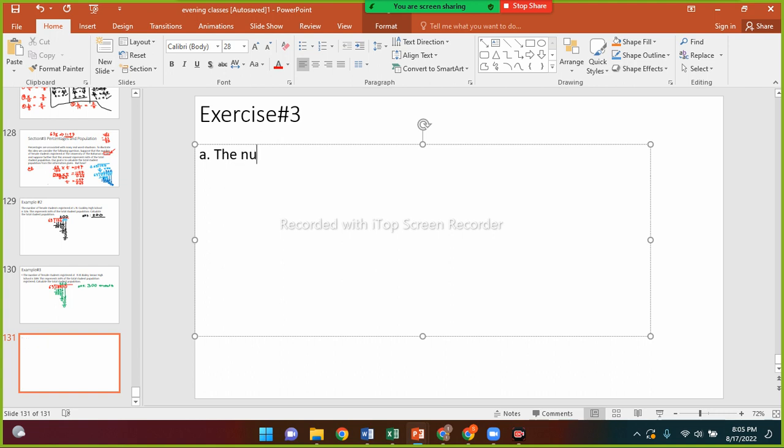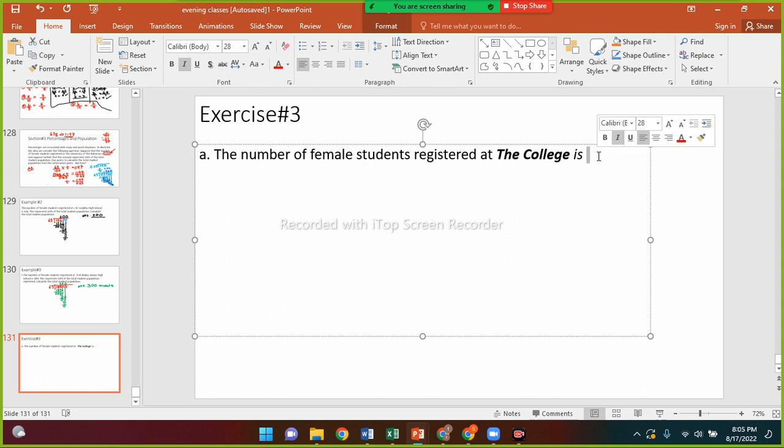A: The number of female students registered at the college is 63.